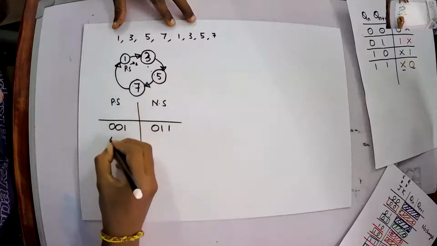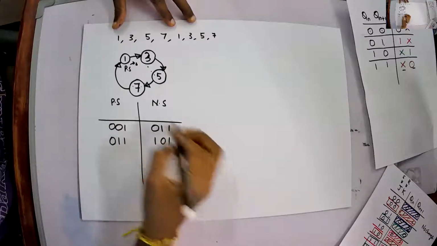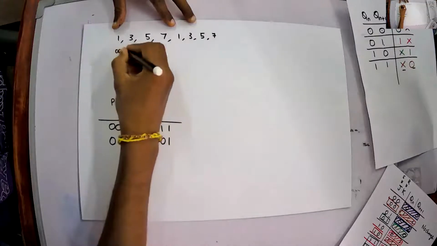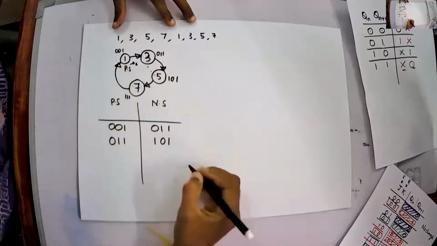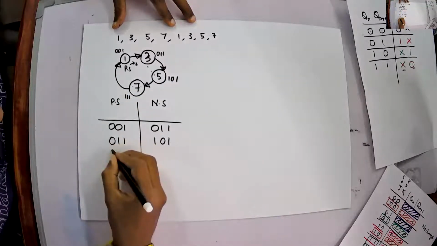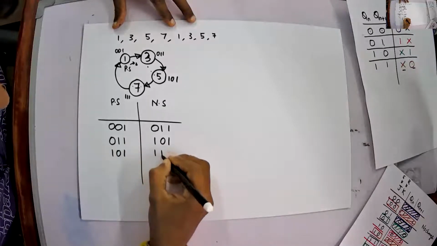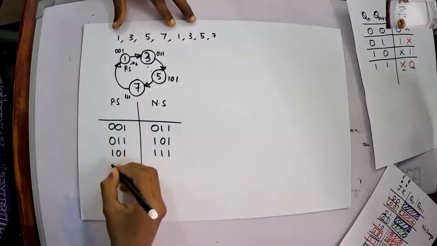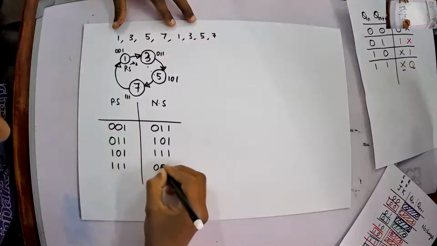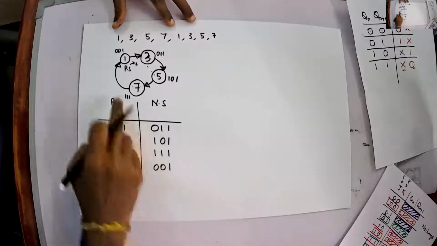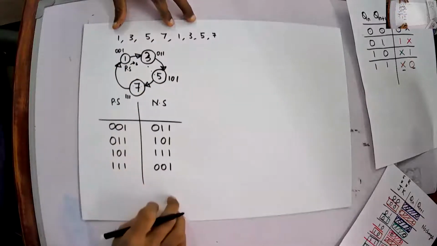And if my present state is 0, 1, 1, next state is 1, 0, 1, which is 5. This is 0, 0, 1, 0, 1, 1, 1, 0, 1, then 1, 1, 1. If my present state is 1, 0, 1, my next state is 1, 1, 1. And if my present state is 1, 1, 1, my next state should be 0, 0, 1. Clear? So which has 1, 2, 3, 4 steps, which is 1, 2, 3, 4 transitions.